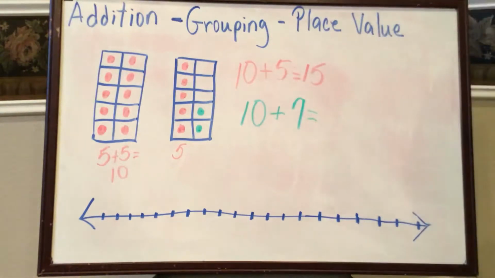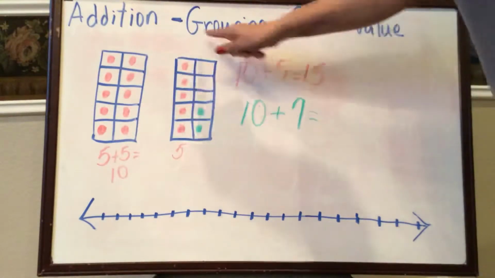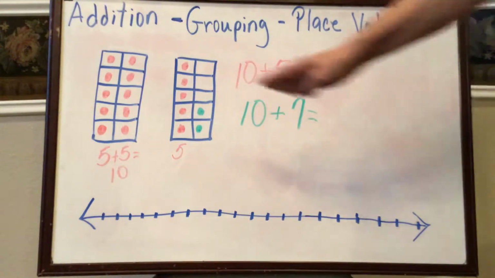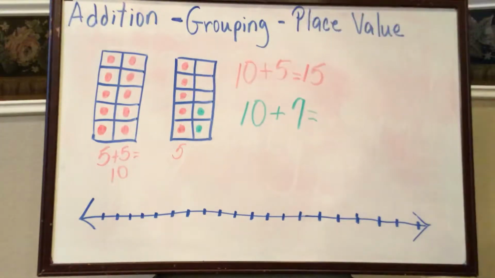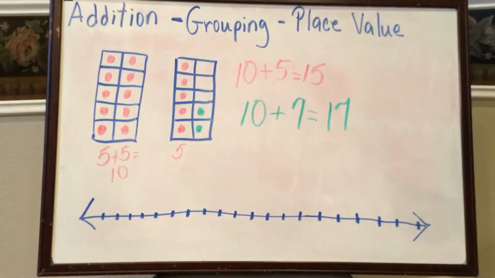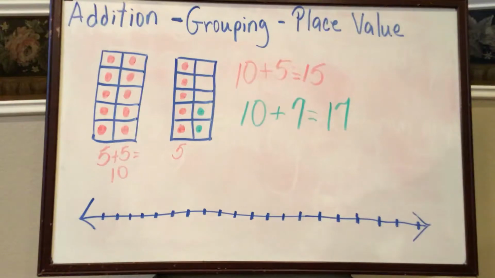How many cookies do we have in total? We know that we have 10 here, and how many do we have here? 7. Excellent job! So 10 plus 7 equals 17. So this is a way that we can add and we can do grouping.